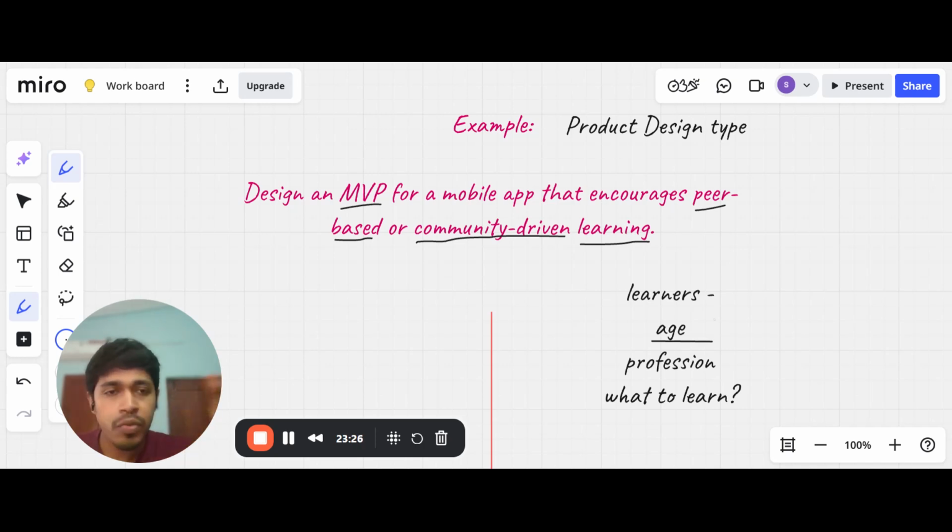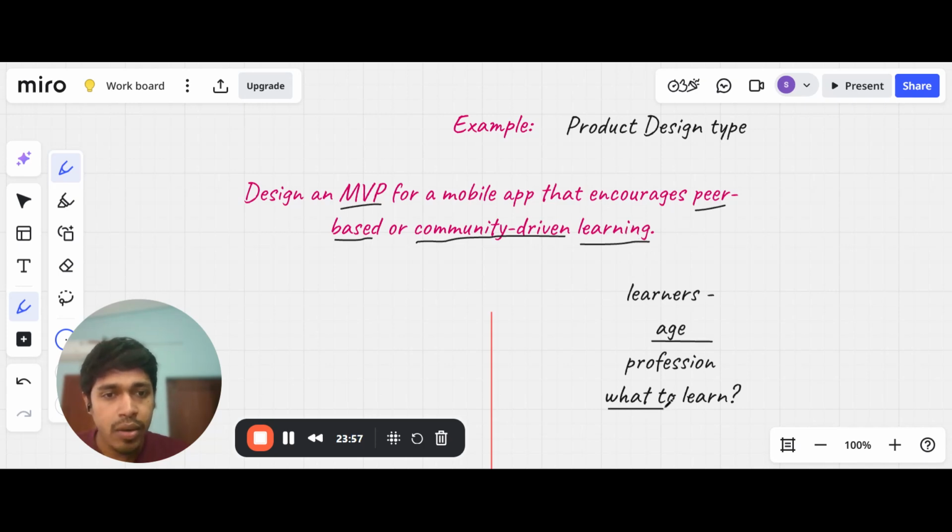And if they are professionals, they might be looking for jobs, or they might be looking for learning something on the side. They already have a job, so on the side they want to learn something, and this learning can be anything like cooking, swimming, or chess, right? It can be anything. So we haven't mentioned what exactly this learning means, right? Is it learning a subject, learning a language? What exactly is that?